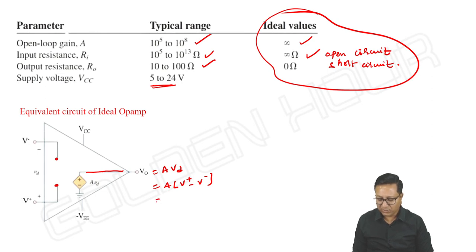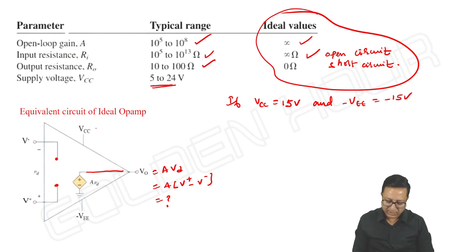If that is the case, what is the value of the output? What is the possible value? Suppose my power supplies are VCC is equal to some 15 volts and minus VEE is equal to minus 15 volts, means here I am applying some plus 15 and here it is minus 15 volts.